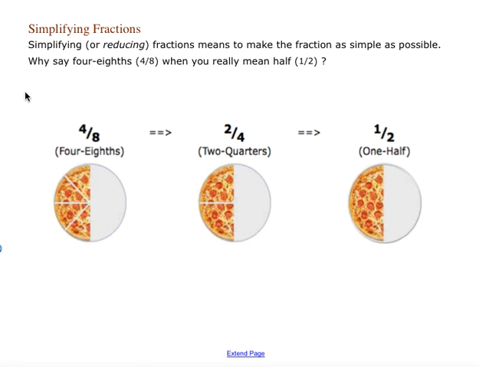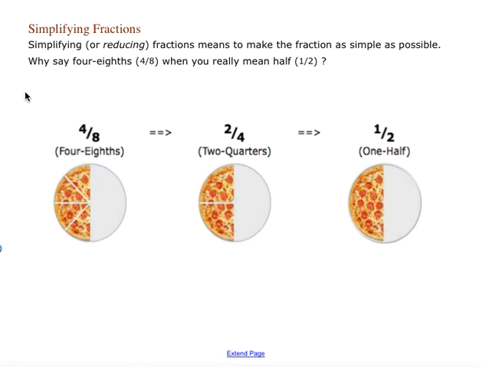So 4/8 can be simplified into 1/2. 4/8 is equal to 1/2, but the numerator 4 is now simplified to 1, and the 8 in the denominator has been reduced to 2. So we say 4/8 in simplest form is really 1/2.